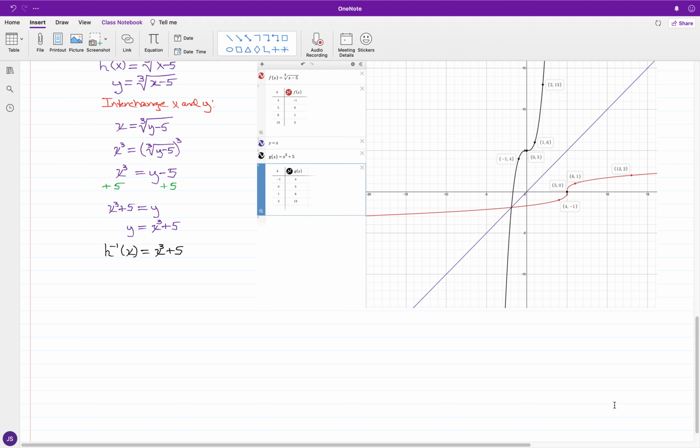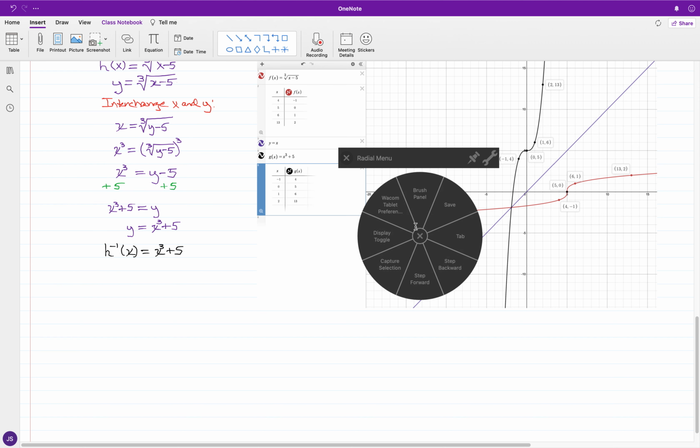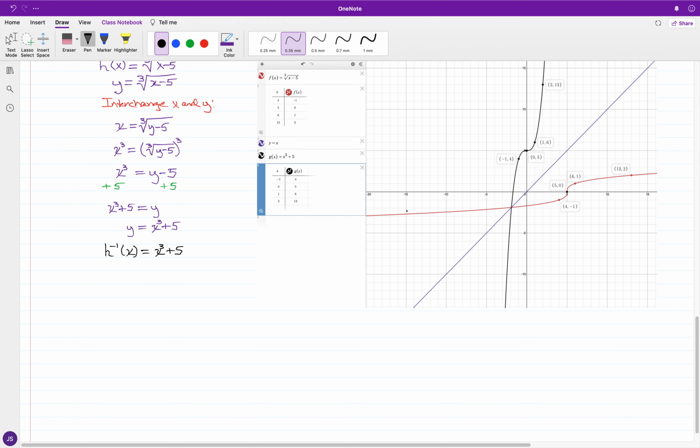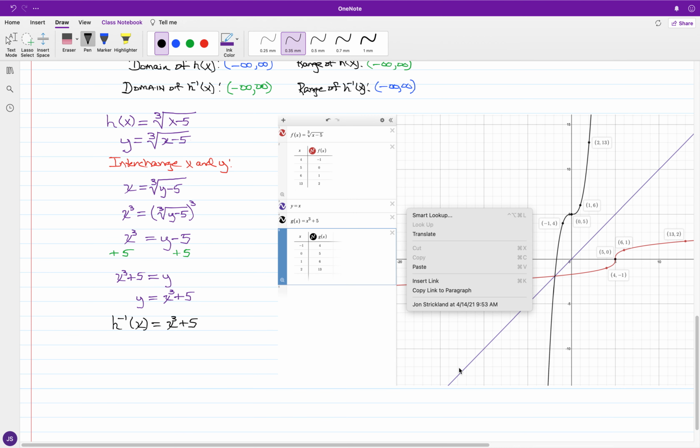And we have with the curves, okay, so you have in red the graph of y is equal to the cubic root of x minus 5. And for what I have for the inverse, you have x cubed plus 5, so you have this curve in black. And again, both of these graphs will have interchanging x and y values and will have symmetry with respect to the line y is equal to x.